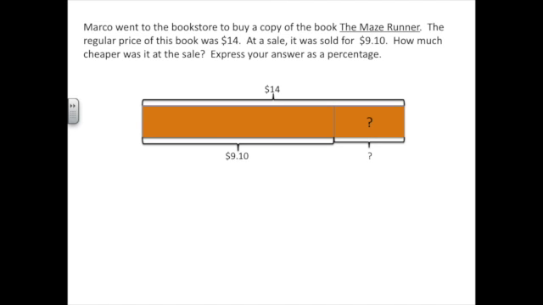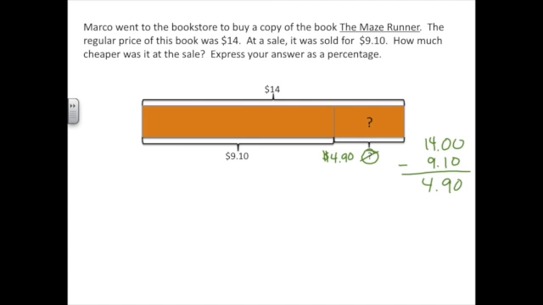Now I can begin to solve. First, I can solve for our question mark here. So $14 minus $9.10 equals $4.90. So I can cross out my question mark and write in $4.90.